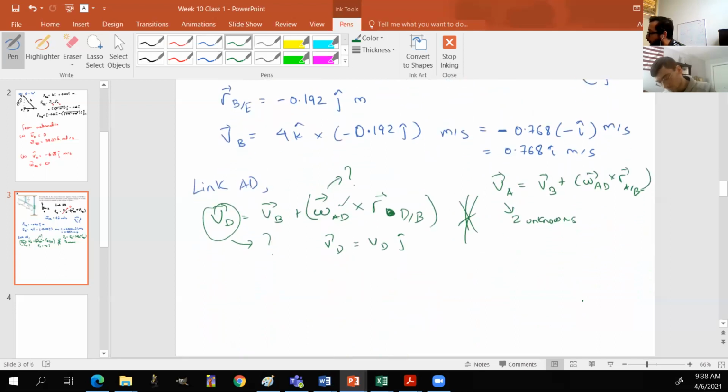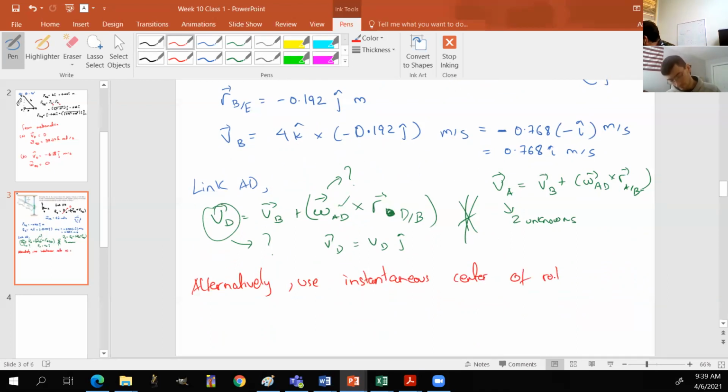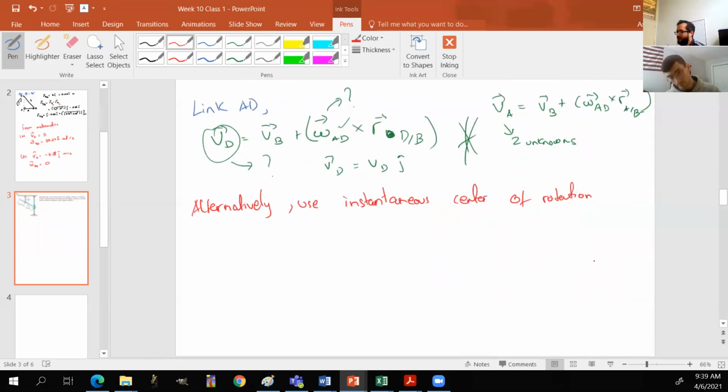Okay, but now we are going to do this using the instantaneous center of rotation. So alternatively, use instantaneous center of rotation. And here, the beautiful thing about this is you don't need to make any assumptions about things because you already do that when you find out where this is going to be.